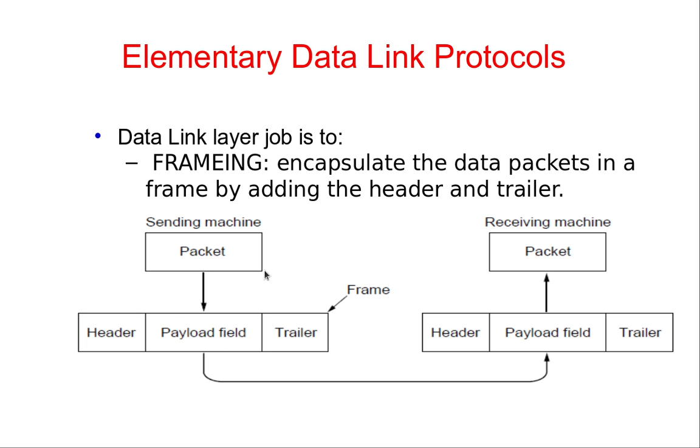So this is the packet received from the sending network layer, and to that packet, a header and trailer will be attached. Effectively this becomes the overall frame to be transmitted, which will be received by the physical layer and then the data link layer, out of which only the payload part will be sent as a packet to the network layer.